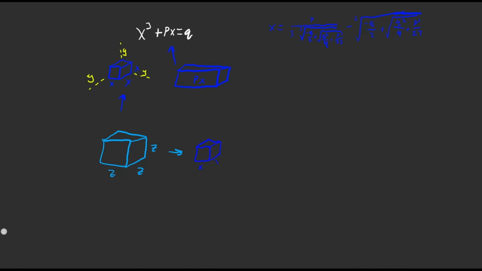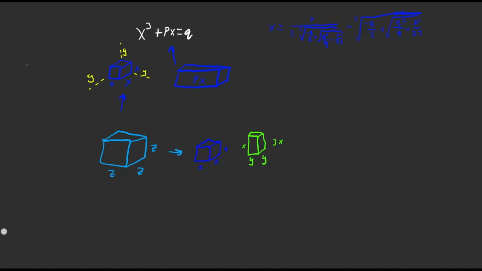And this has our original cube. And we also have a rectangular prism which has dimensions of x by y, and there's three of these, so we'll just write 3x.